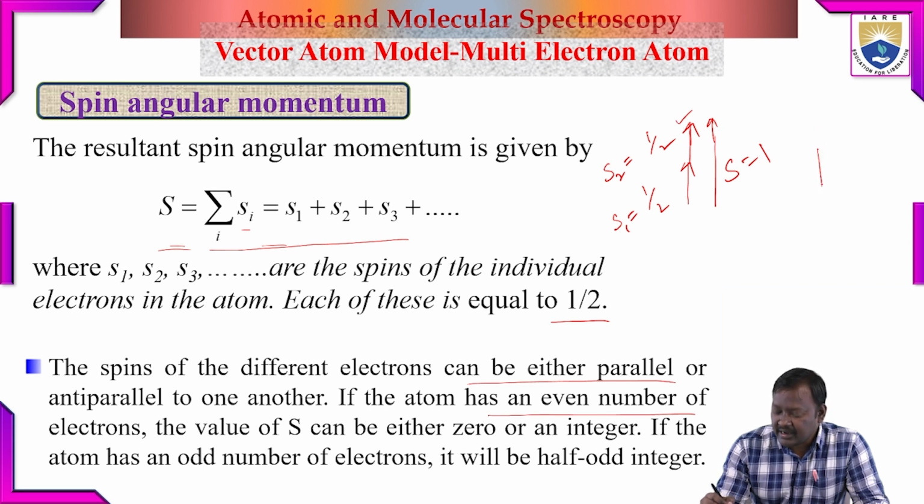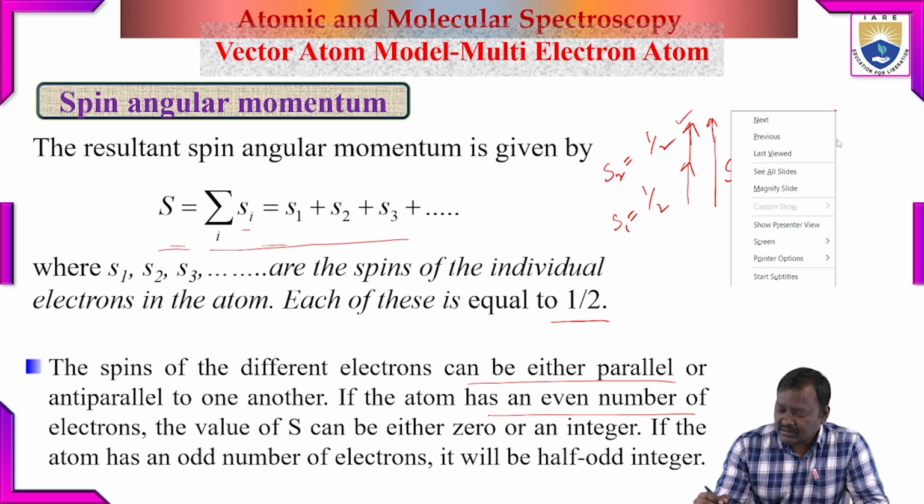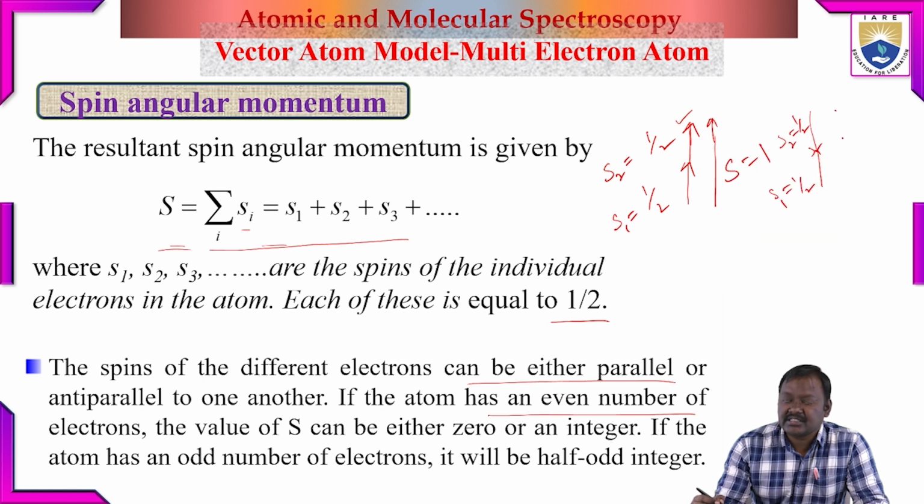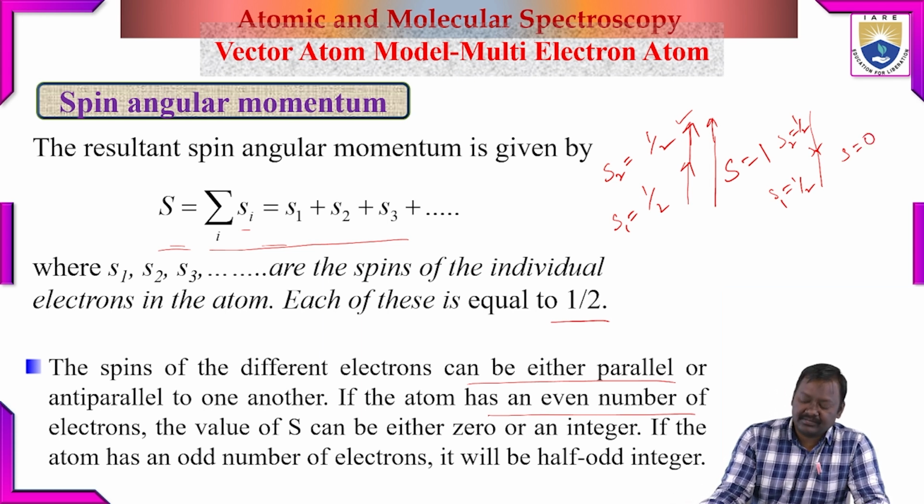If the spins are anti-parallel, one is up and one is down, here also S1 equal to half, S2 equal to half, but in this case the total spin angular momentum will be equal to 0 as the two spins are anti-parallel.